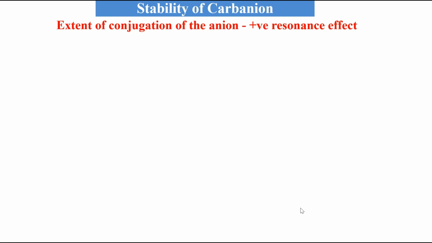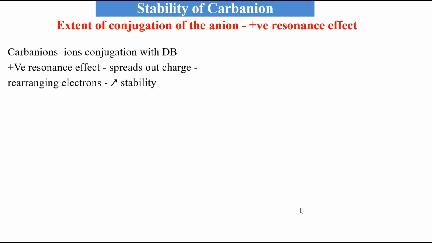Conjugation of the anion with adjacent atoms gives rise to a positive resonance effect. When it is conjugated with a double bond, the excess electrons are spread over the molecule and hence it increases the stability. For example, a carbanion is there.